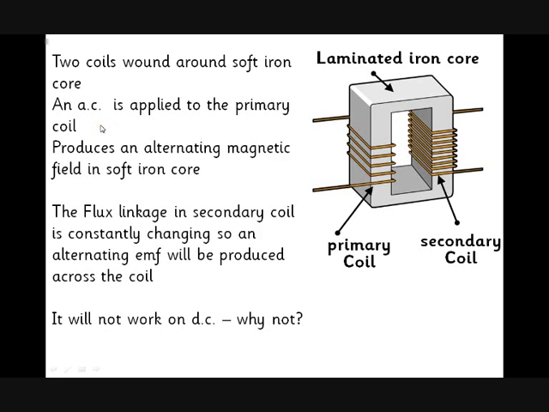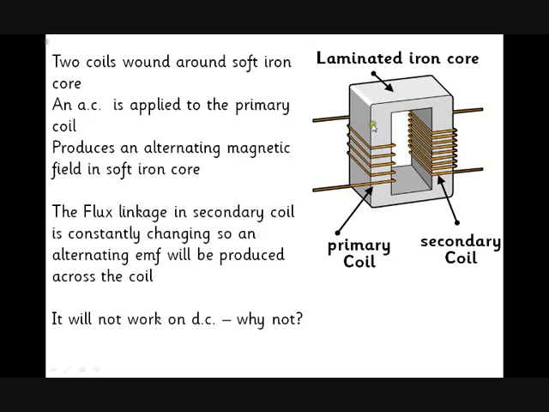An AC, an alternating current, is applied to the primary coil. It's got to be alternating current. It produces an alternating magnetic field in the soft iron core. Because you've got current flowing in this conductor, it's effectively an electromagnet. Because it's alternating, going forwards and backwards, it's a changing electromagnet, so it produces a changing magnetic field in the soft iron core.